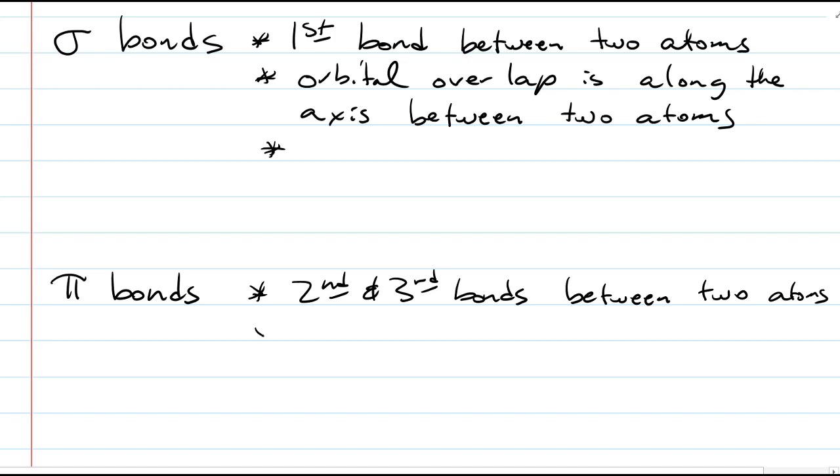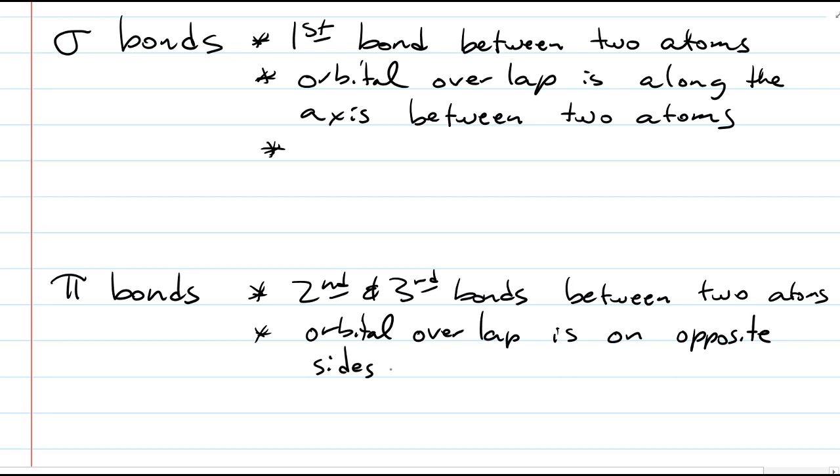And on these here, we say that the orbital overlap is on opposite sides of the axis between 2 atoms. And it's a very important distinction that we need to show.